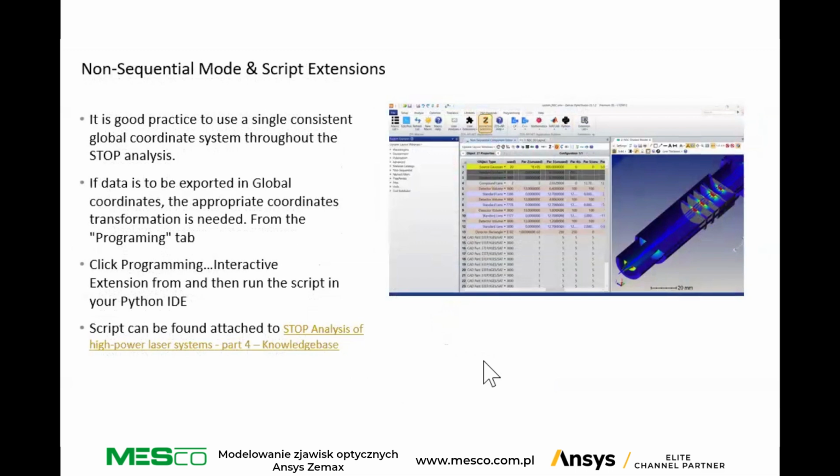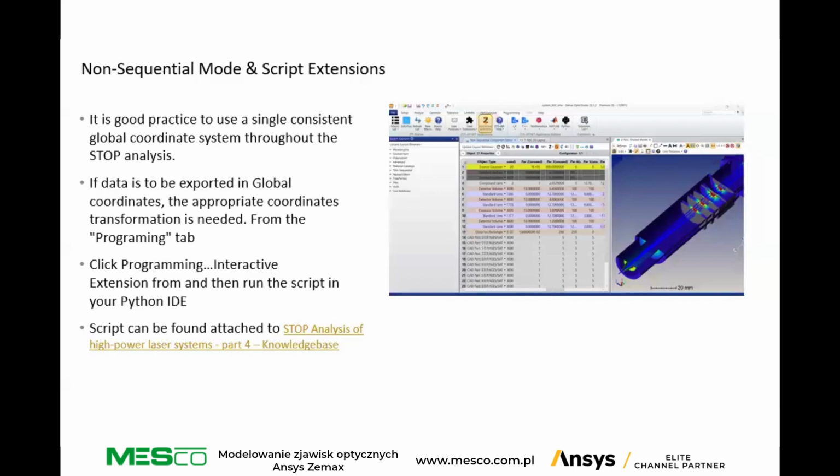This script takes the data from the detector. It checks the coordinates of the data because you need to use a single global coordinate system in the different software to make things easier.